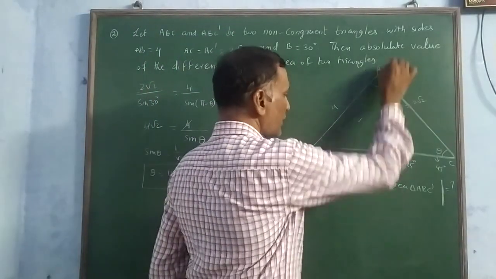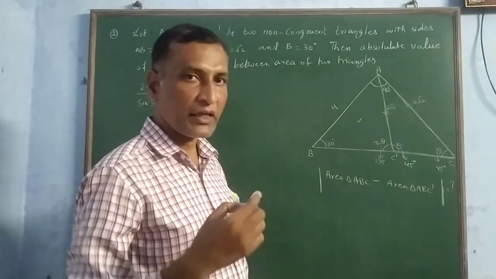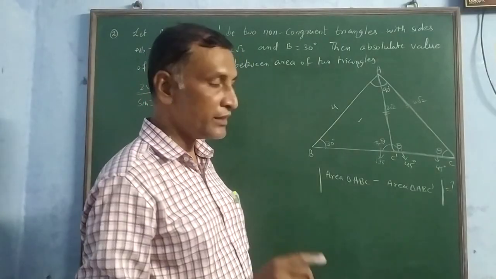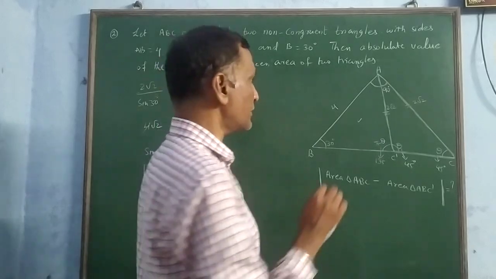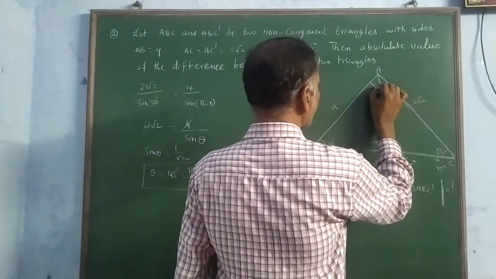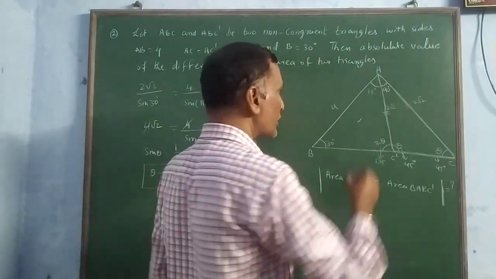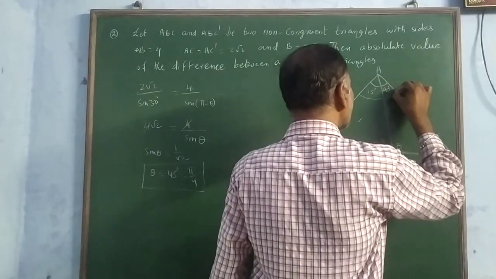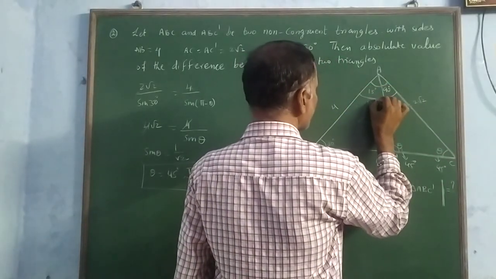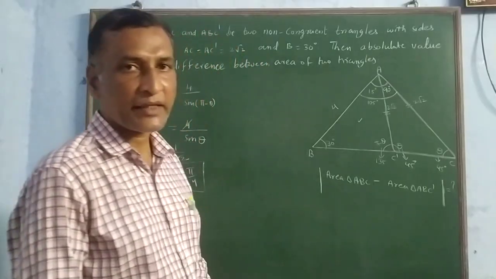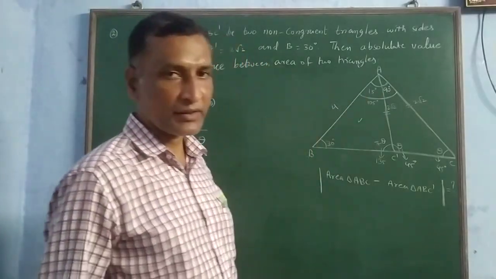This triangle ABC, 3 angles equal to 180. 180 minus 165 is 15. Here the angle is 15 degrees. The full angle A is 105 degrees. It is clear now? 90 plus 15, 105.